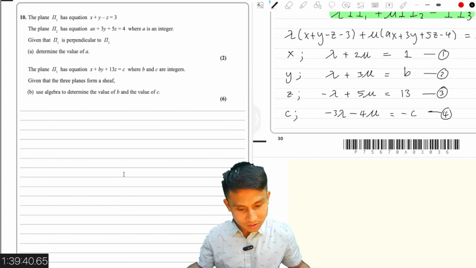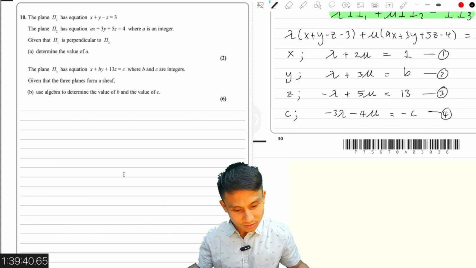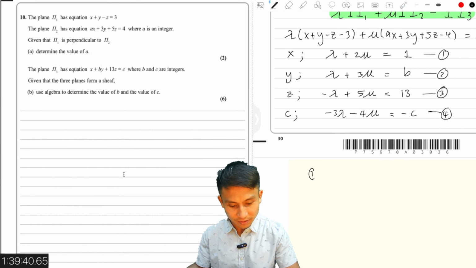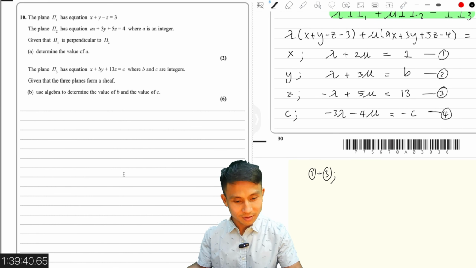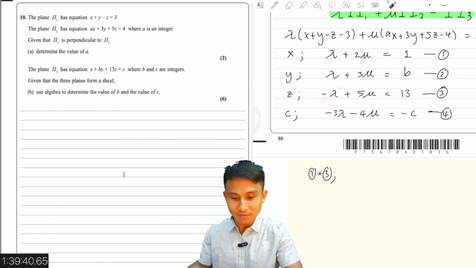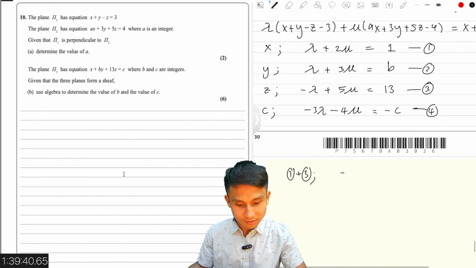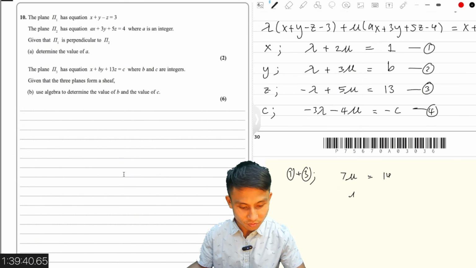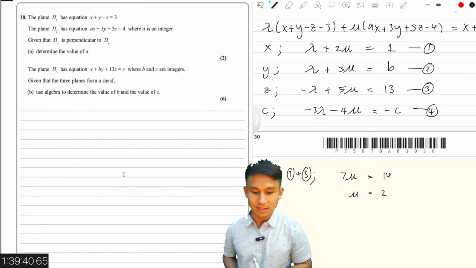And so what should we do? If we take the first and the third one, let's do the first plus the third one, because I see that this can eliminate lambda. So on the left side we get 7 mu, just add them up, equals 14. So mu equals 2. Nice.